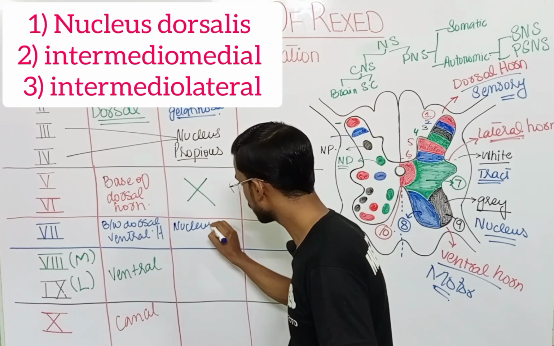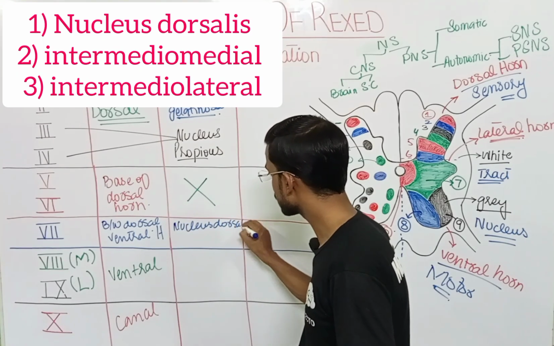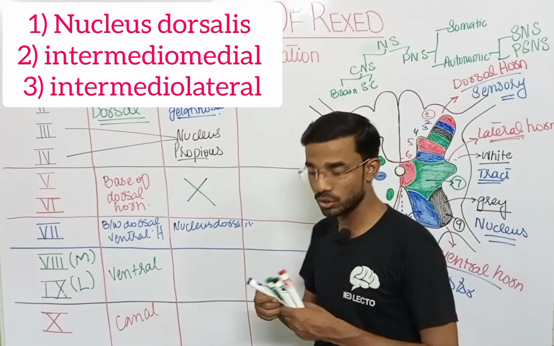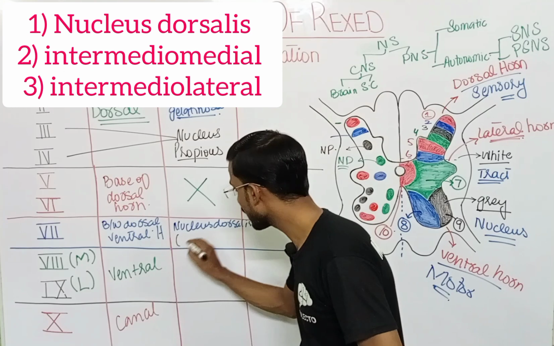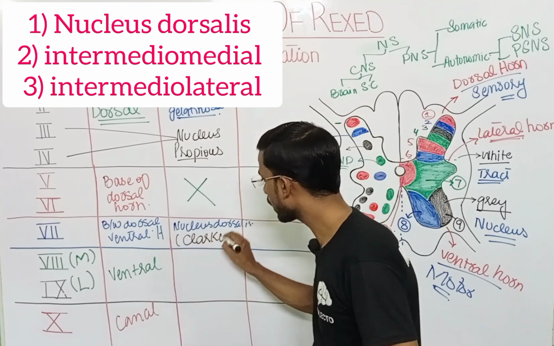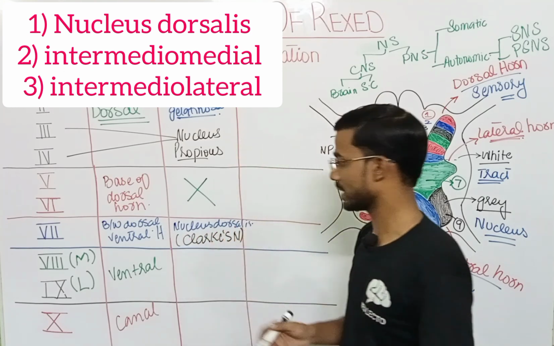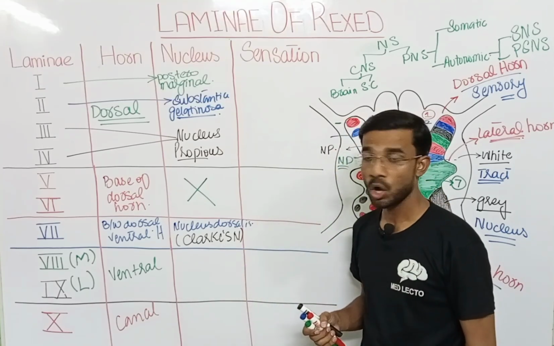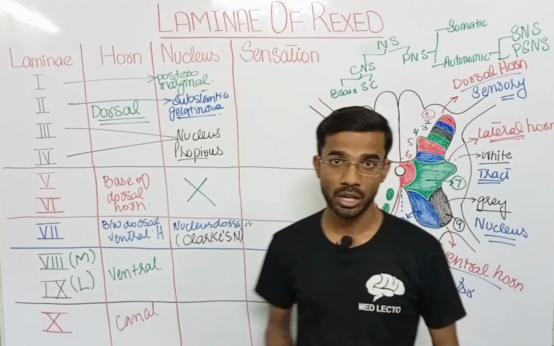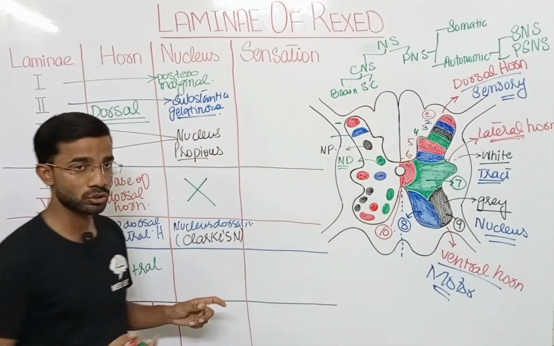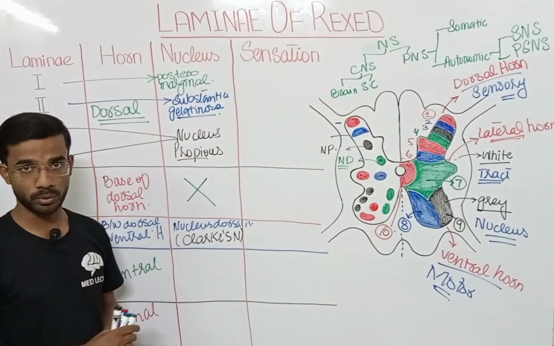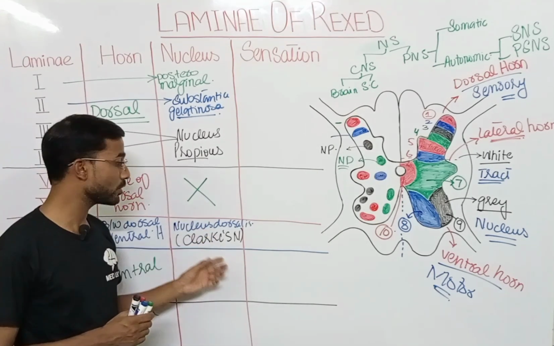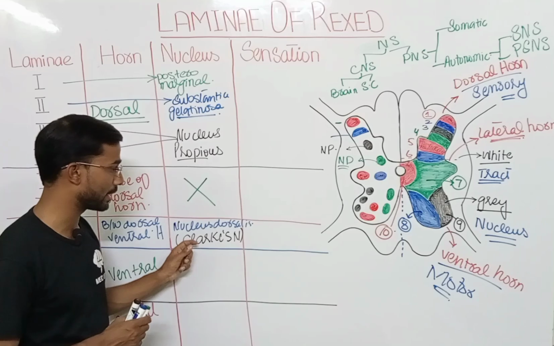There are several other names: you can say Clark's nucleus, or nucleus thoracis. You will see lots of names for Clark's nucleus, and it is present from C8 to the L3 level of the spinal cord.